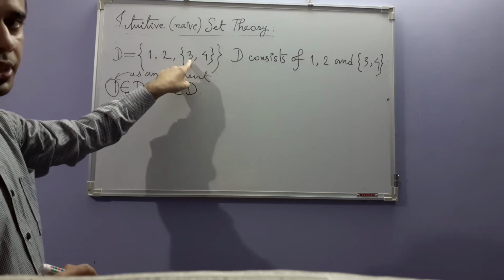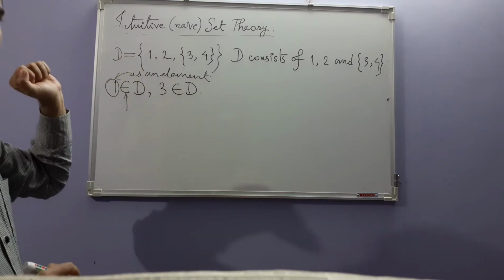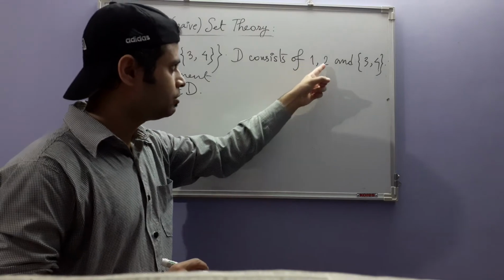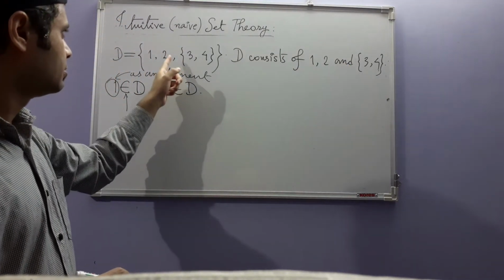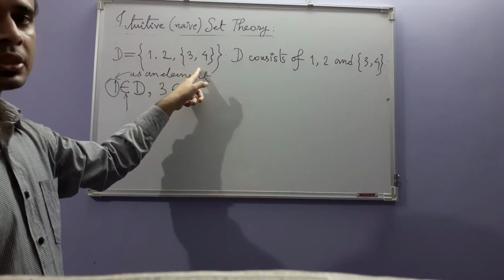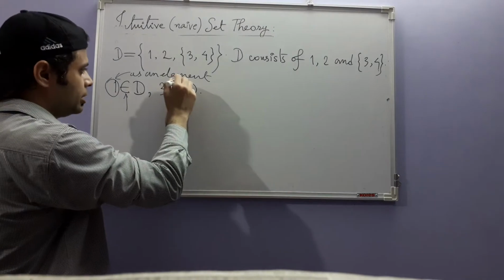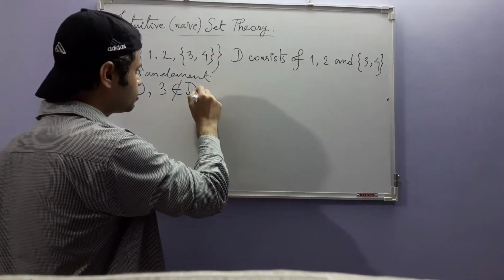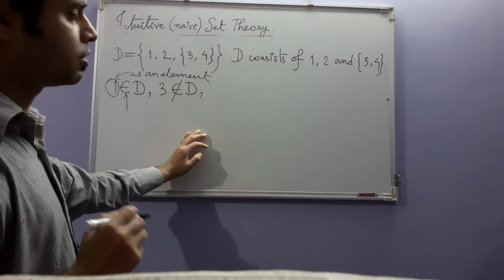Actually, we can see 3 here, but 3 is not an element of D. Why? Because D has 3 elements, 1, 2 and this set. So although 3 seems to be inside D, but 3 is not an element of D. So 3 does not belong to D. Okay, so these things should be kept in mind, and they can create a lot of confusions.